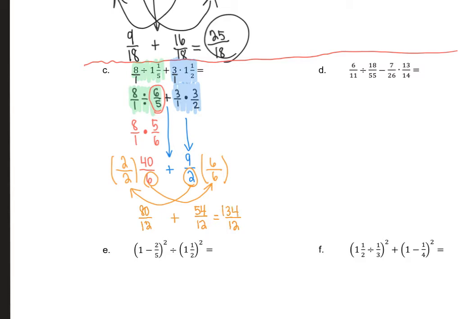Those are both even numbers, so I can cut them in half. On the bottom, I'm going to get 6. On the top, I'm going to get 67. And that 67, I mean, that's looking pretty grim because that is a prime number. And as soon as I see a prime number, I know that I am done.